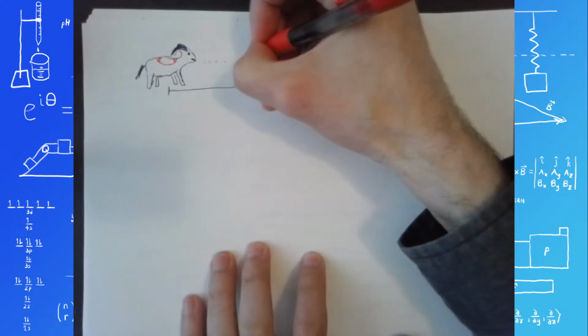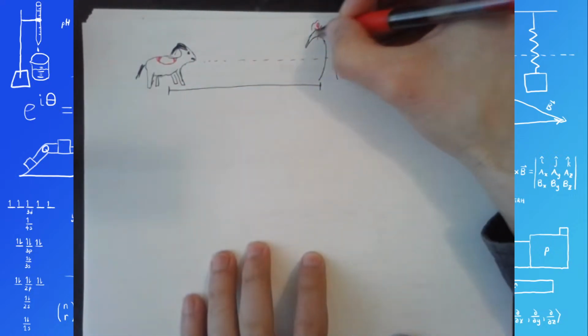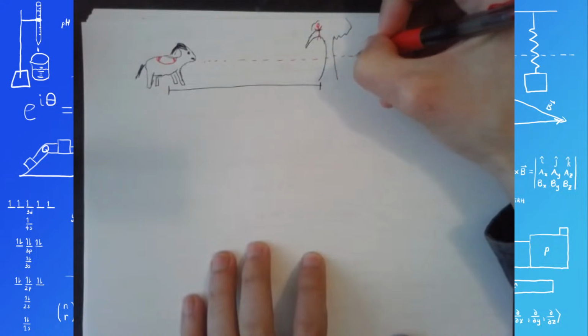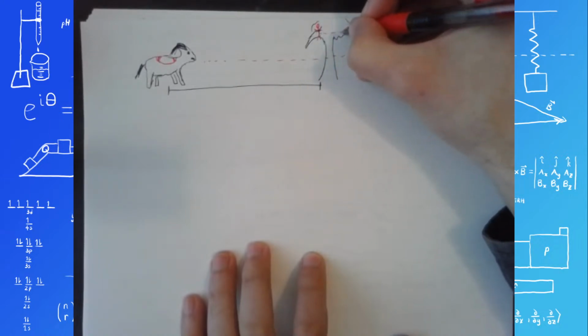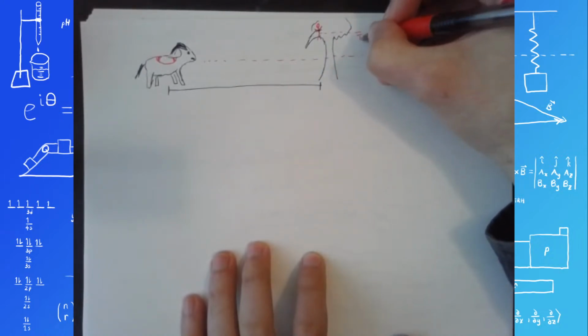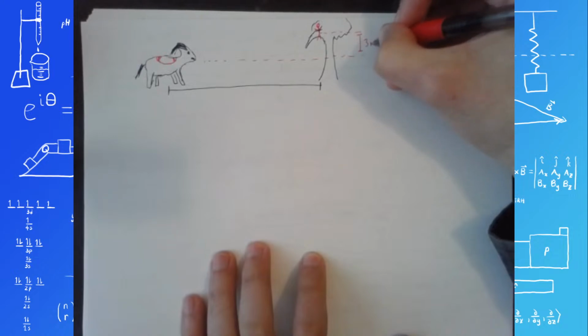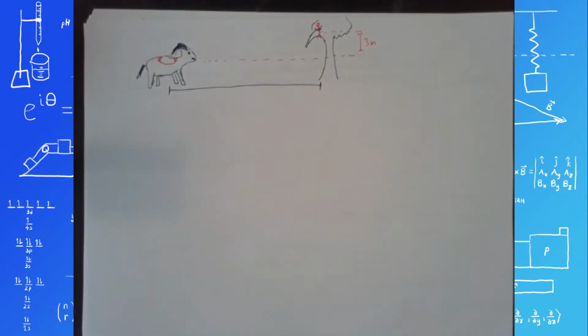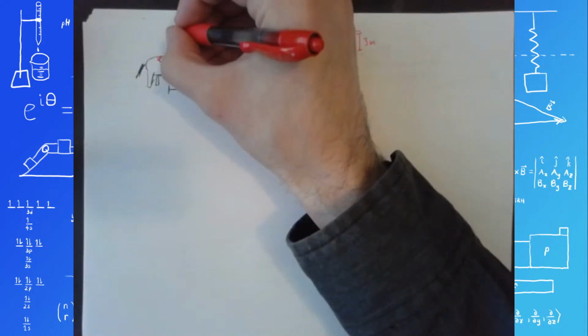He's sitting 3 meters above the level of the saddle. And the horse is moving at a constant speed of 10 meters per second.